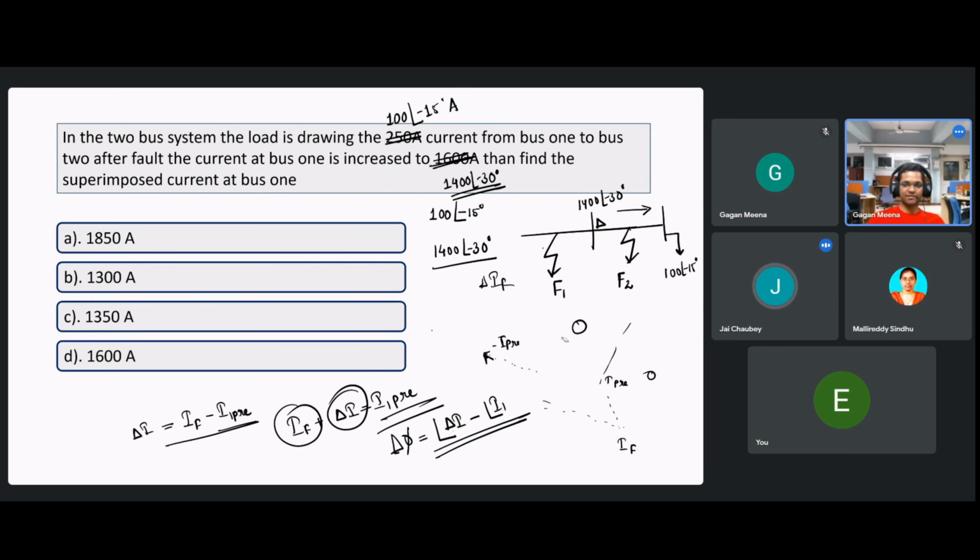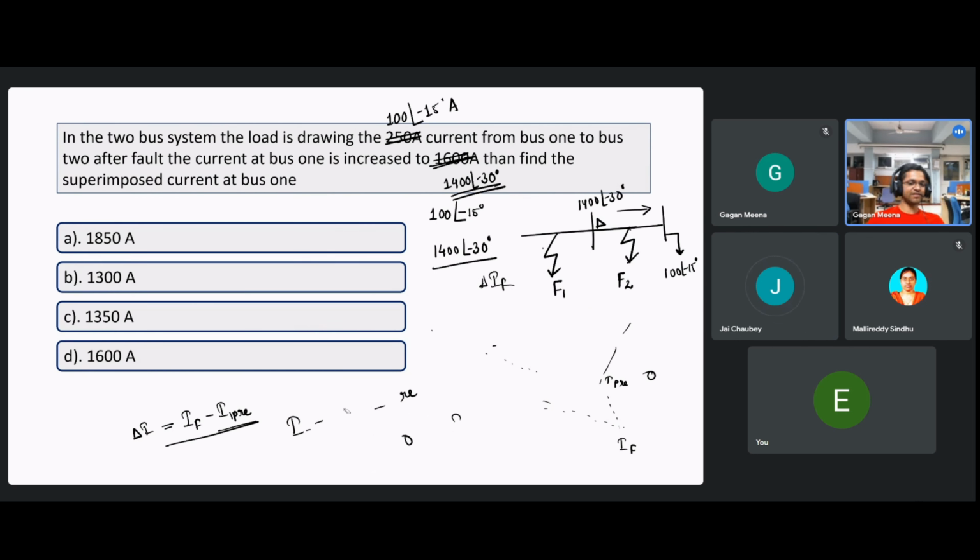This entire superimposed technique is based upon this concept. This directional relay, how does it work, what current are we taking, which are the angles, what is the angle between which two quantities? In a conventional directional relay, the voltage is the polarizing quantity and current is the operating quantity, right?